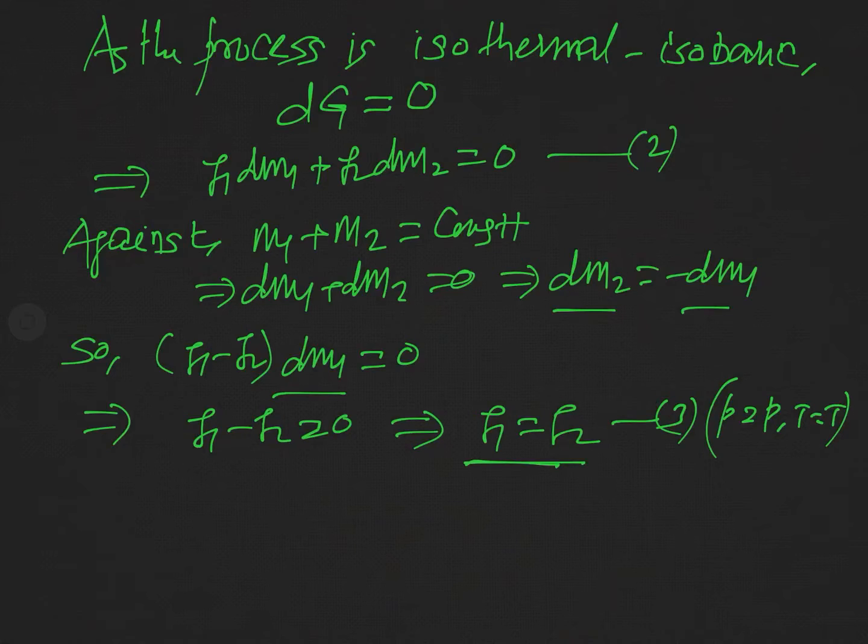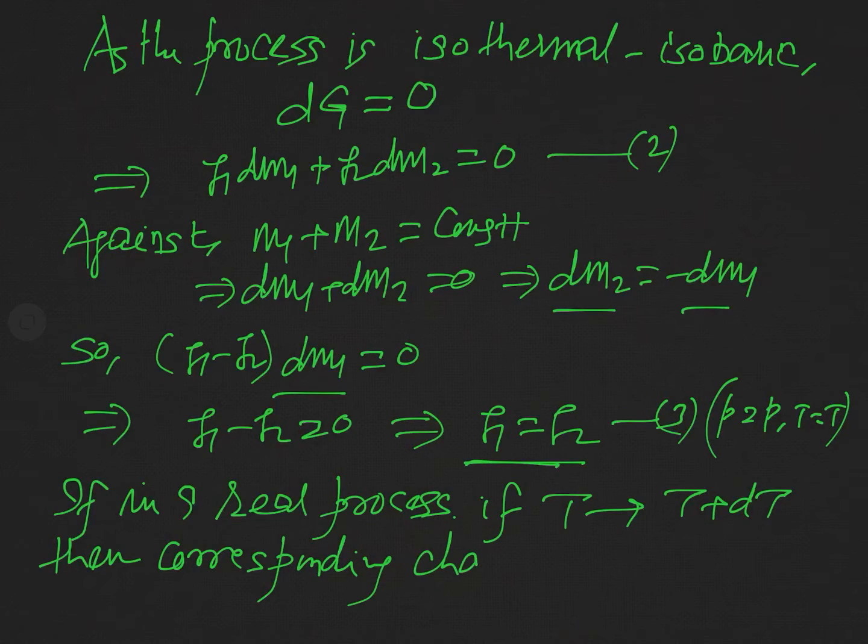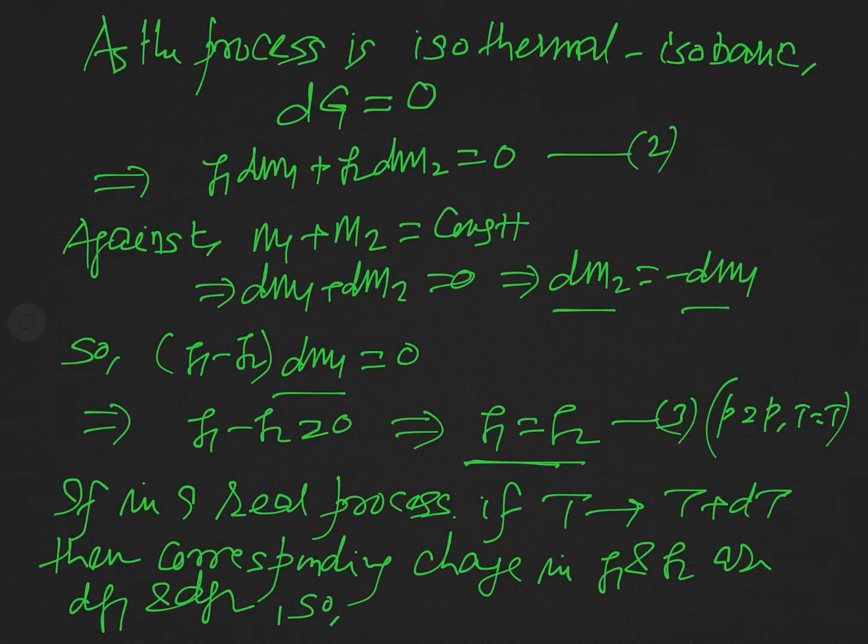So in a real process, if T becomes T plus dt, then the corresponding change in G1 and G2 are dG1 and dG2.